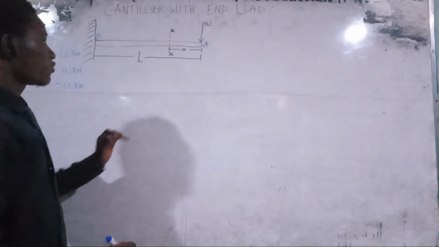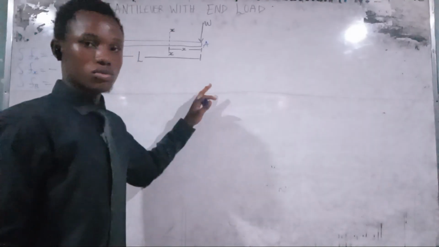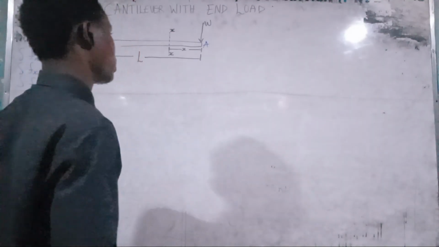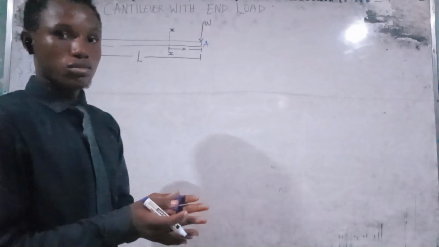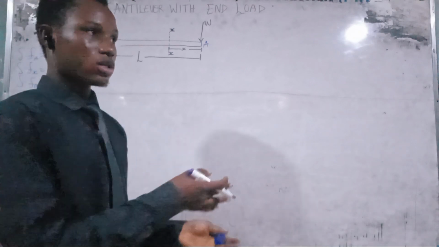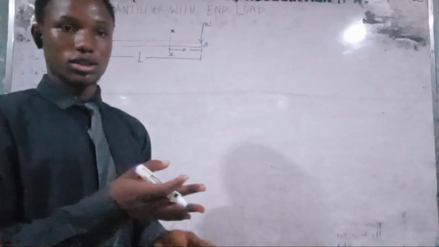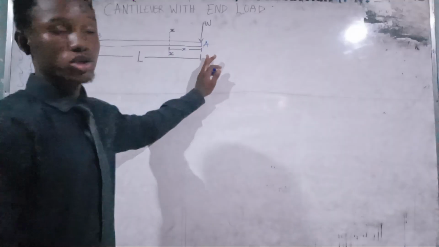But if we are told to find the bending moment of this diagram, the bending moment at A here would be equal to 0, because the formula for moment is the force multiplied by the distance from the center edge of the load.